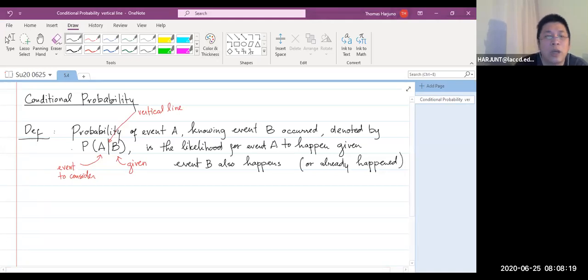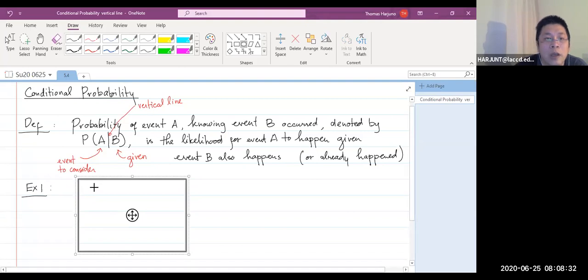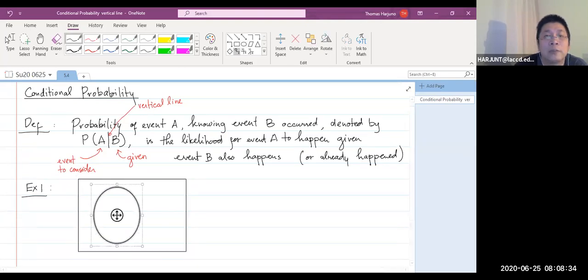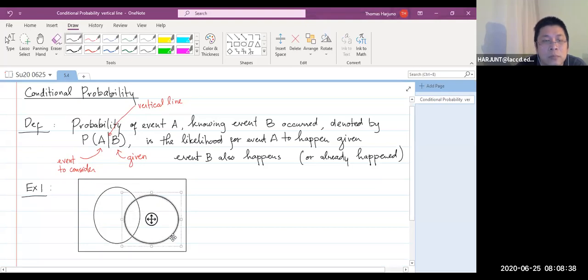Let's start with an example. I hope using a Venn diagram helps our ability to see the situation better. Suppose this is set A and this is set B. I have 5 here, 7 here, 8 here, 10 here.